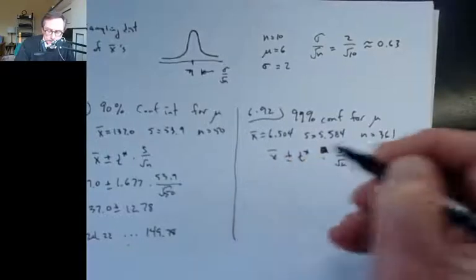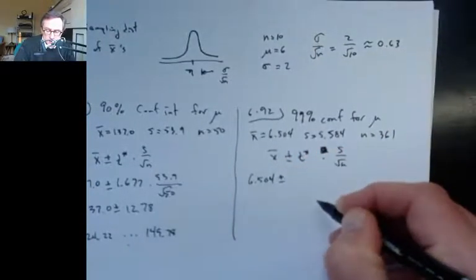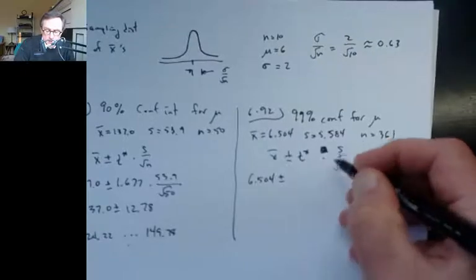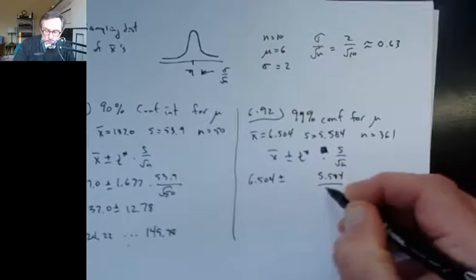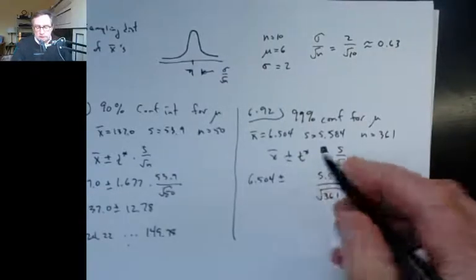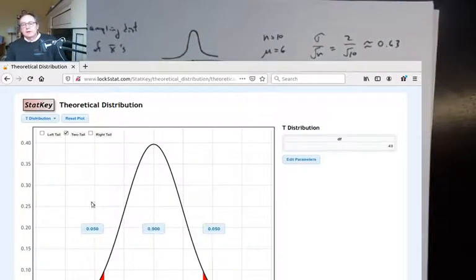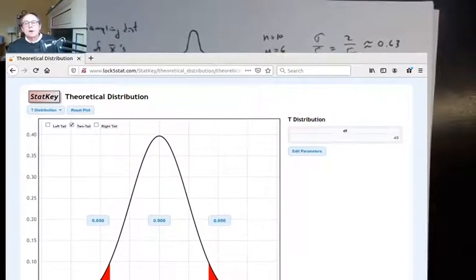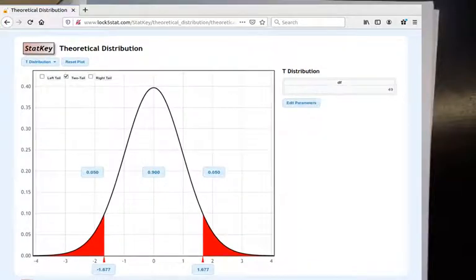So that's 6.504 plus and minus, I'll leave the t star blank for a second, and I'll bring up stat key and it will tell me the answer, 5.584 over square root of 361. I'll figure that out by bringing up stat key. So where's my stat key button? Aha, I found it, first try. Okay, there we go.